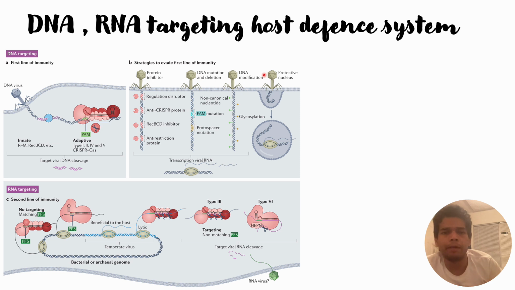We are already familiar with the DNA part of this bacterial immune defense system, popularly known as the CRISPR system. I have already covered the CRISPR part in detail in a series of videos; you can refer to them for a brief revision.